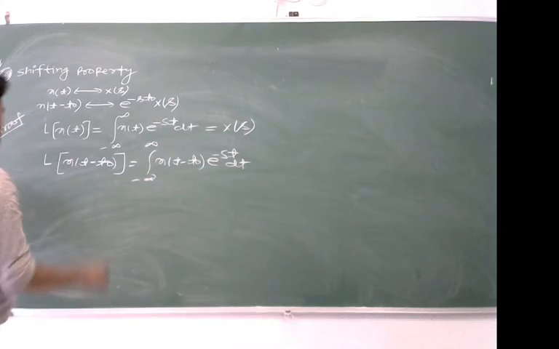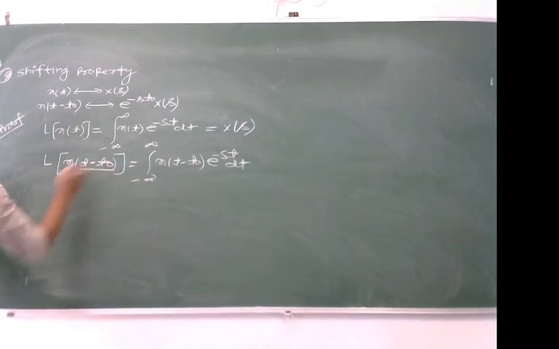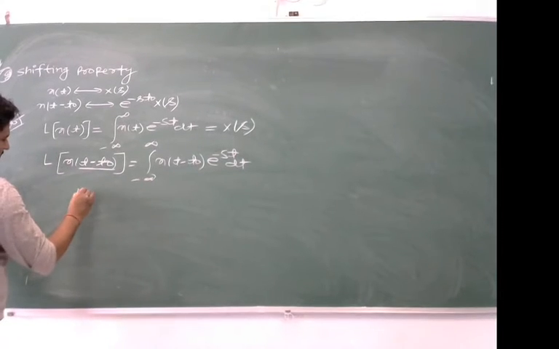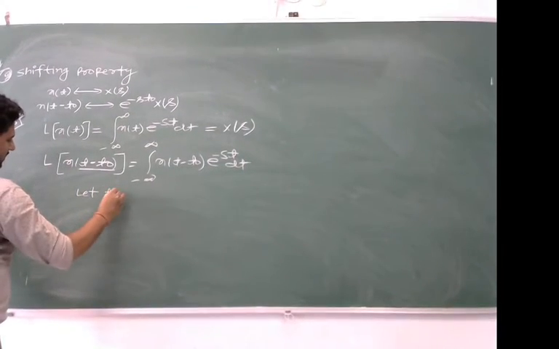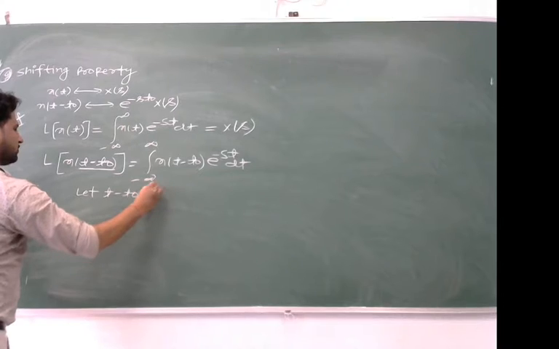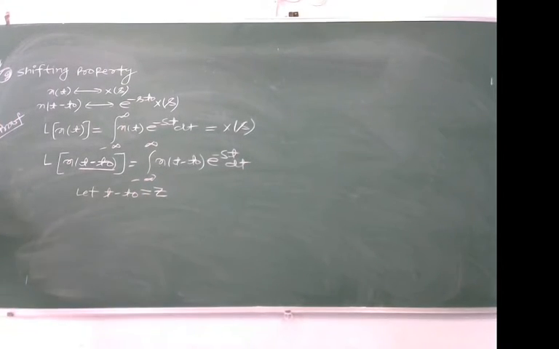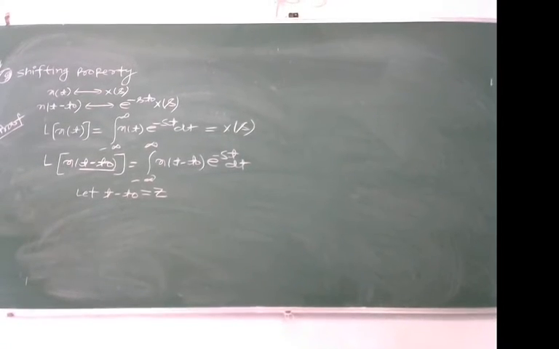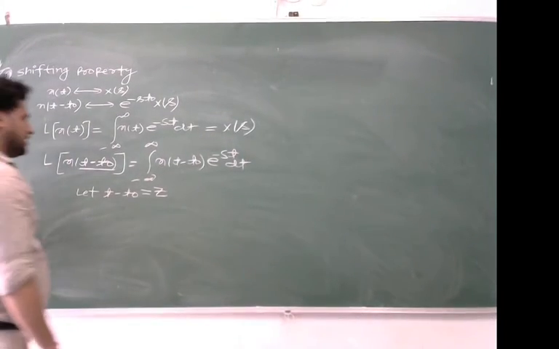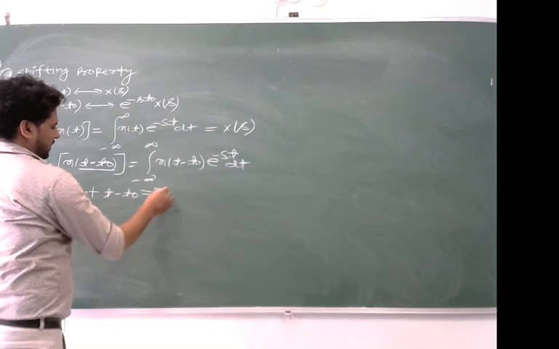Now replace this variable by some other variable. Let t minus t naught be equal to some other variable z. So if t minus t naught is equal to z, then what will be the limit on z?